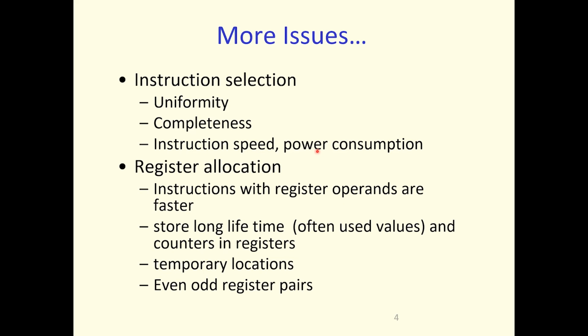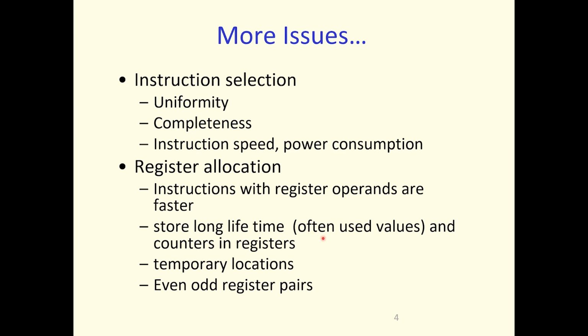And another issue is register allocation. Many machines either have the restriction that you can do certain operations only on registers, or even if that restriction is not there, any operation on registers is going to be much faster than on memory. Which means you want to prefer instructions which have register operands.